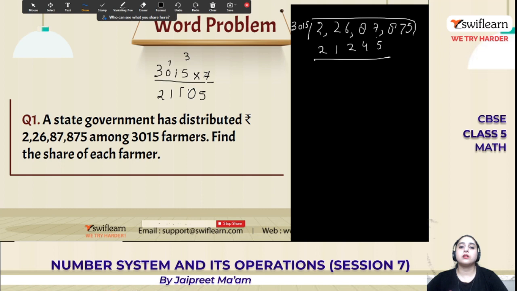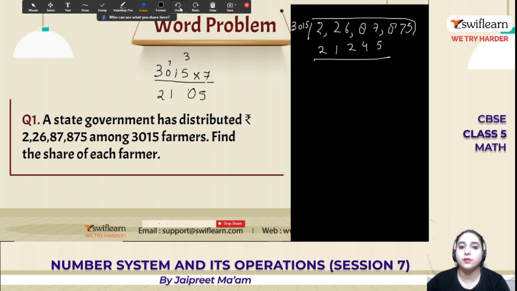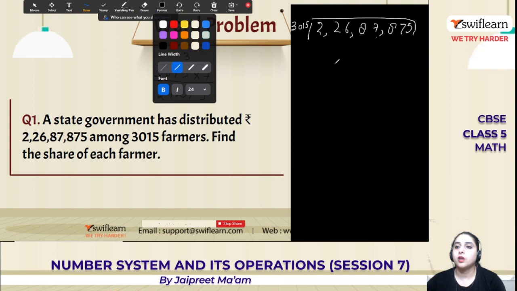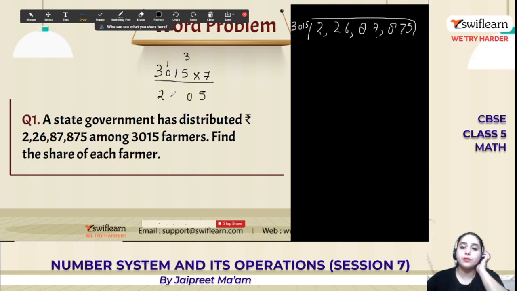So we have to correct it, we have done it wrong here. So it's 10, 1 carried forward, and it's 21. So we have to write 21105.